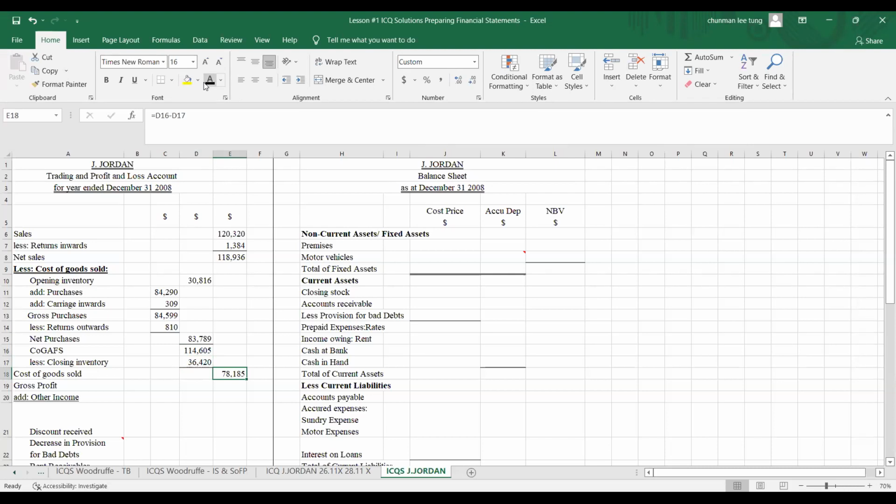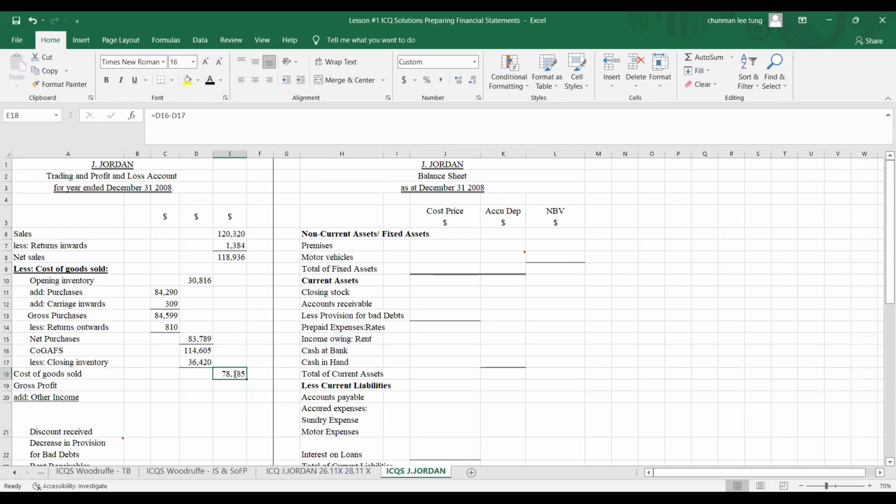Very good. So now to get our gross profit, how do we get gross profit, you guys? We take our net sales, and we minus our cost of goods sold. Very good.